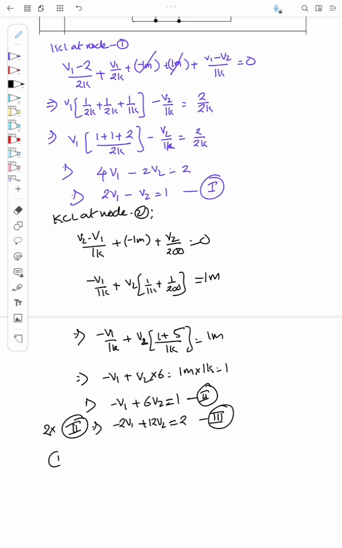Now I will add 1 and 3. The 2V1 and minus 2V1 cancel to 0, and minus V2 plus 12V2 is 11V2, which equals 1 plus 2, that is 3. So V2 equals 3 by 11.